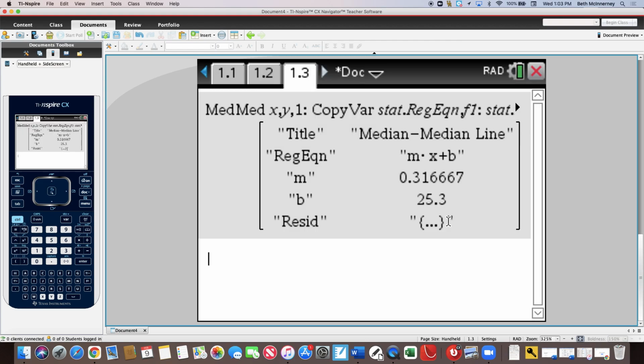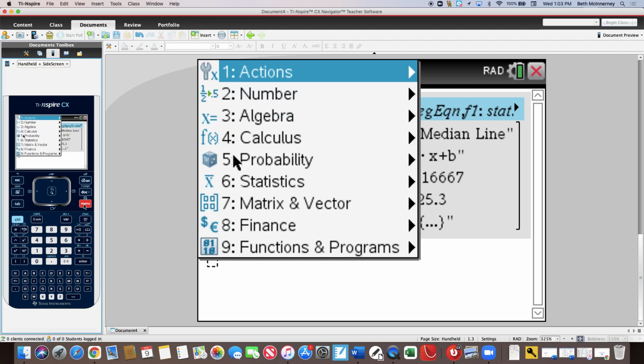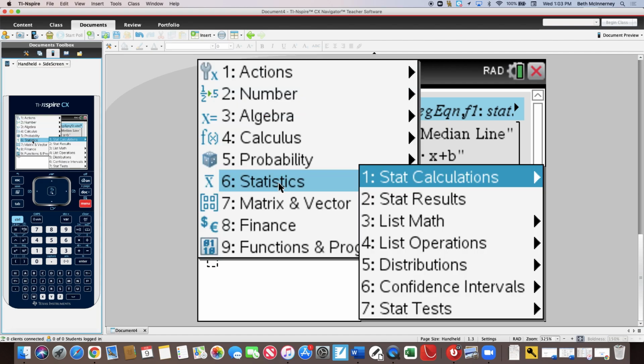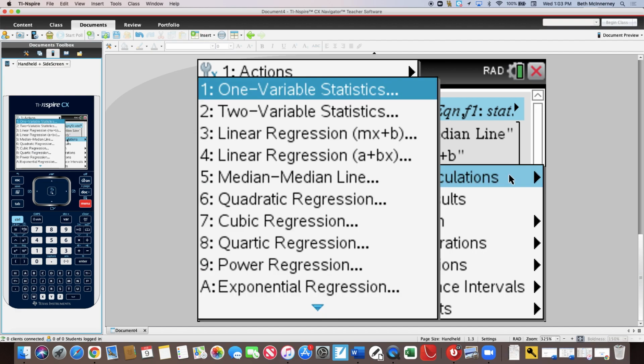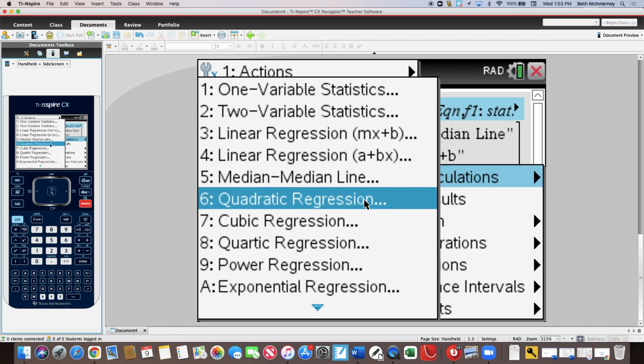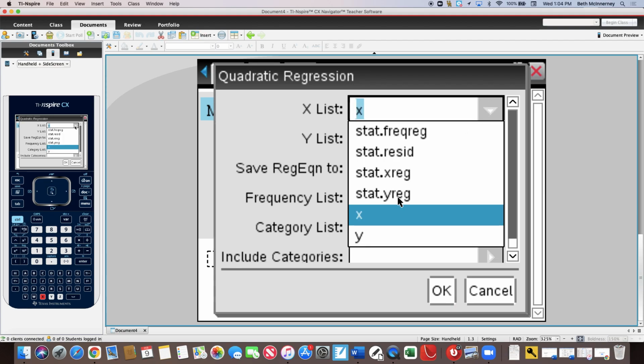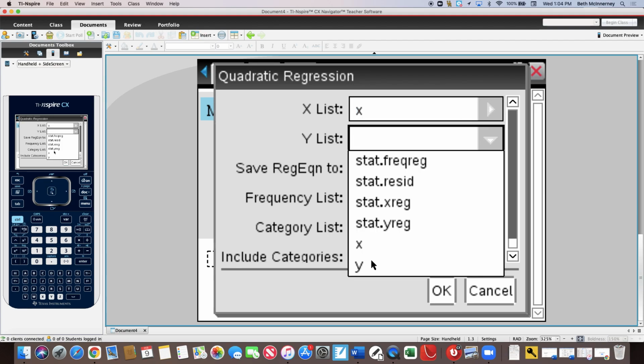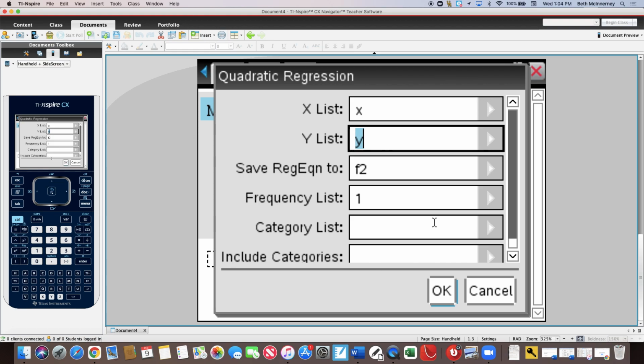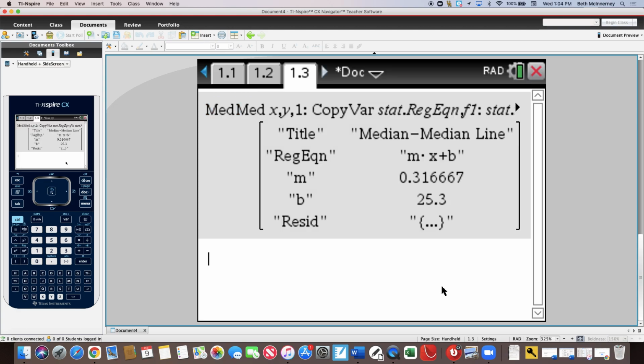Menu, number 6. And then we want number 1, Stat Calculations. And then I want quadratic regression. And then you do have to put X and Y. You don't need to put anything in any of the other categories.